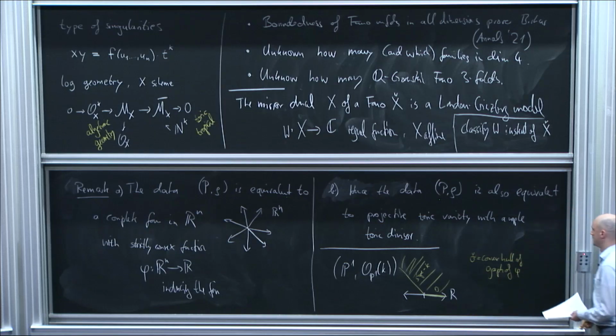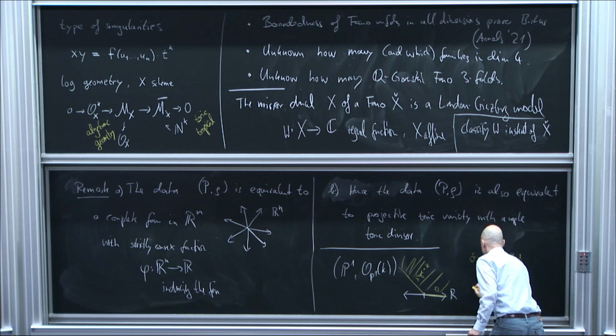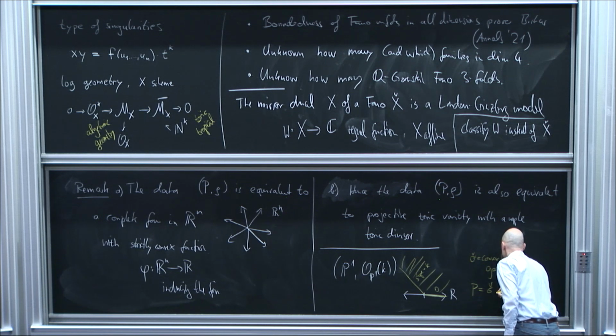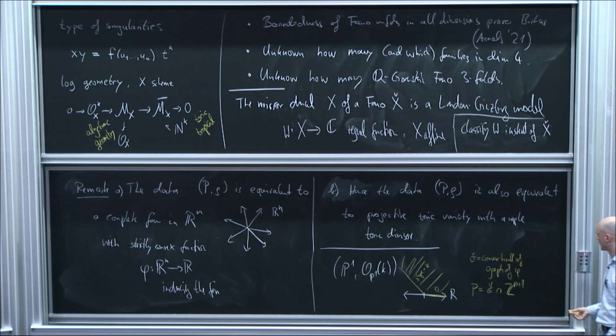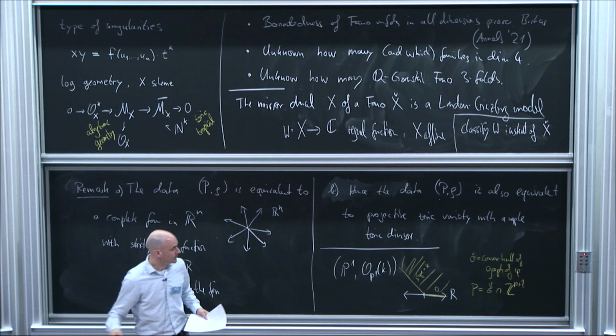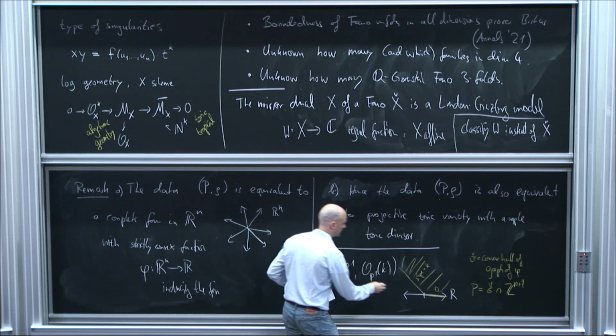Okay? And then you define your monoid P to be this convex hull intersected with now Z to the n plus 1. In our case, that's Z2. Okay, so you have here lattice points, and you intersect with that.